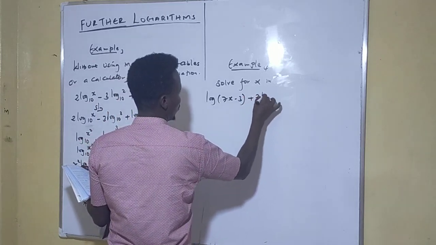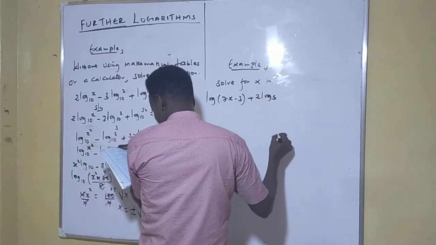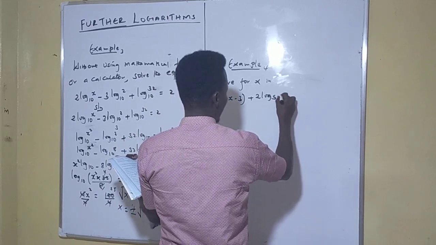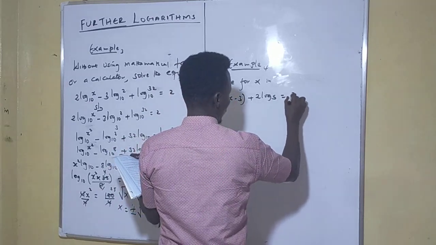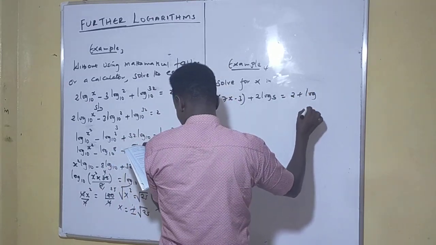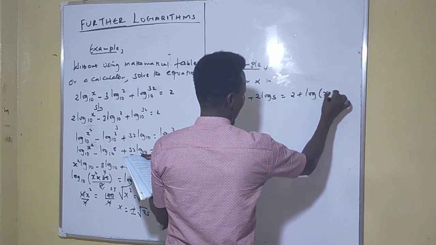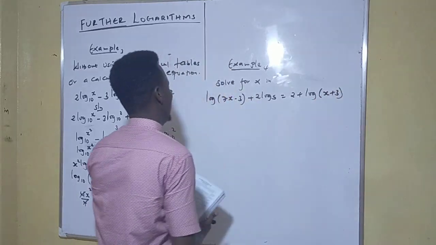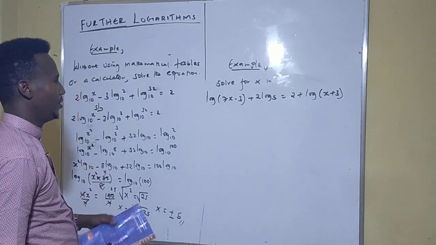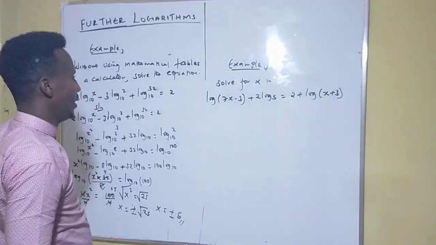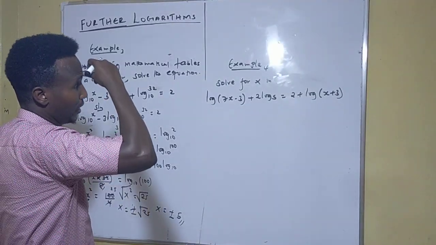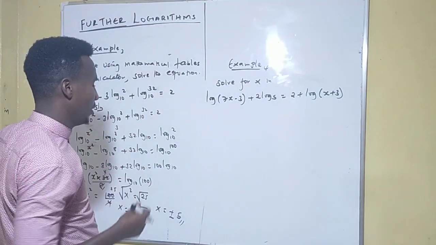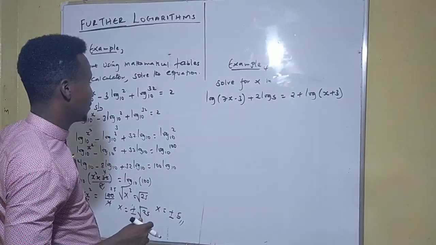Plus 2 log 5 is equal to 2 plus log open the bracket x plus 3. X plus 3. Just understand this one.